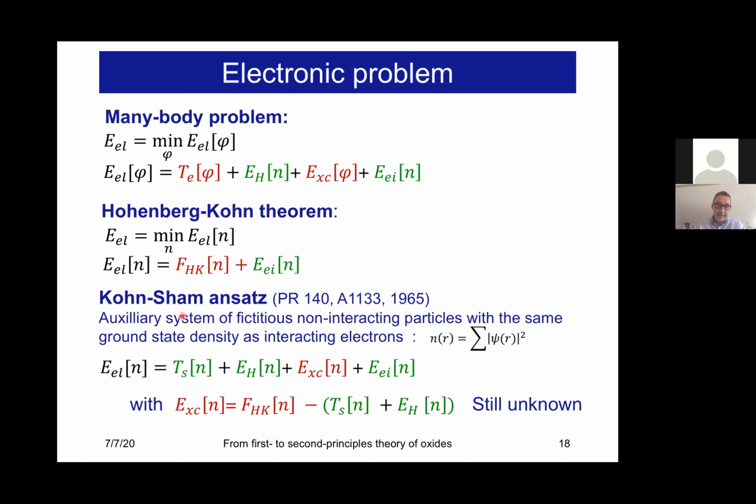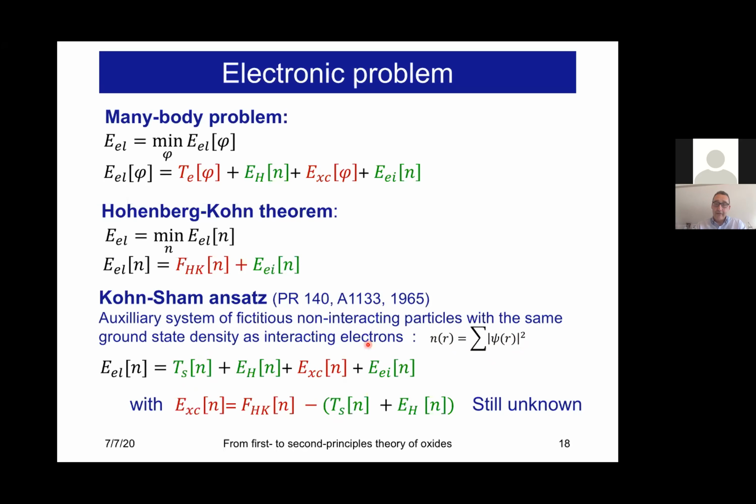Thanks to this auxiliary system, you can write the density as the sum of one-body wave functions. And if you know the density in terms of one-body wave functions, then you can estimate the kinetic energy associated to these one-body wave functions. And this energy is what I call here Ts[n].